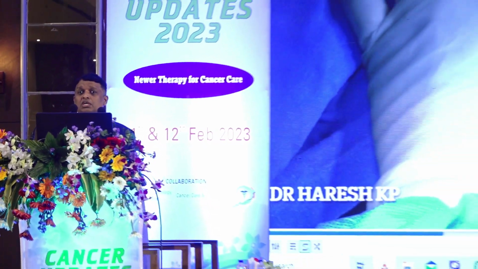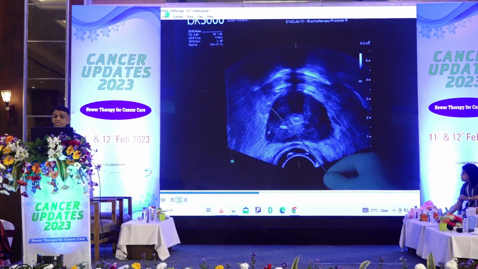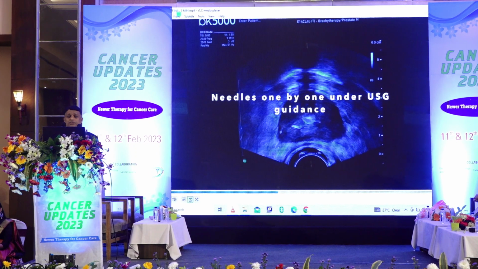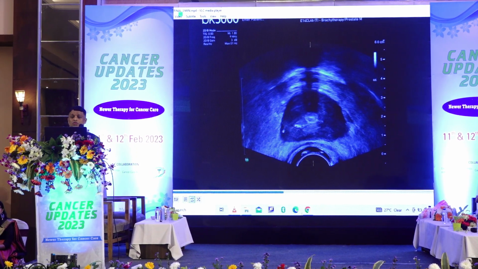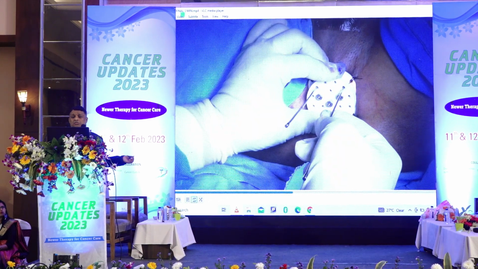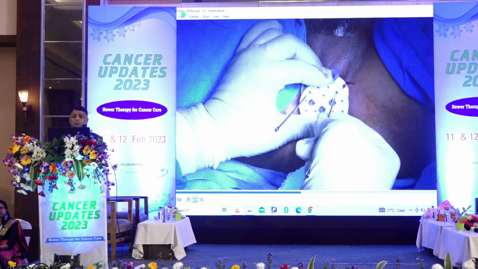And the template is fixed to the perineum by suturing it, and then the needles are inserted one by one into the holes, starting from anteriorly and down. You can see the position of the needles. You should cover the prostate very well. And the procedure is advancing, and all the needles are inserted.